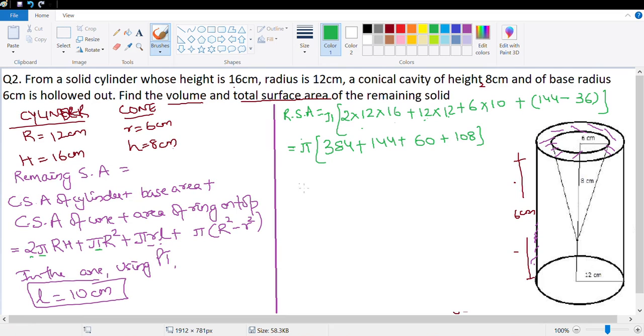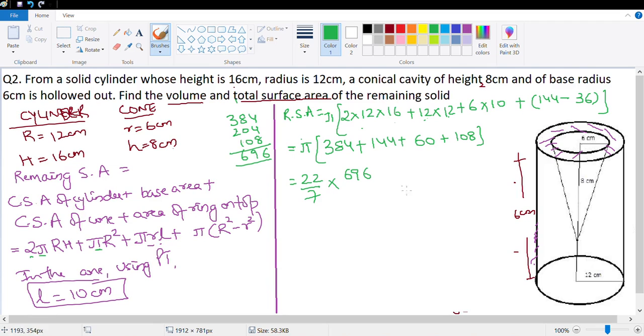So this would be equal to 22 by 7 multiplied with, let's add 384, 144 plus 60, that's 204 and 108. That's 696. 696 into 22 upon 7.